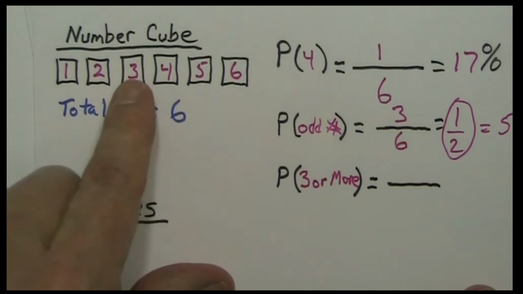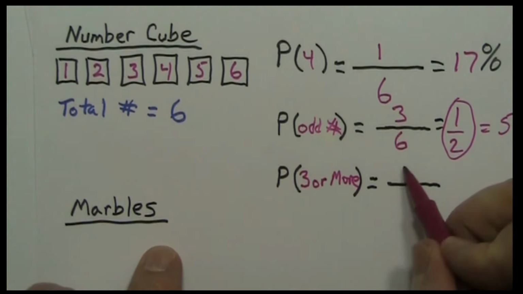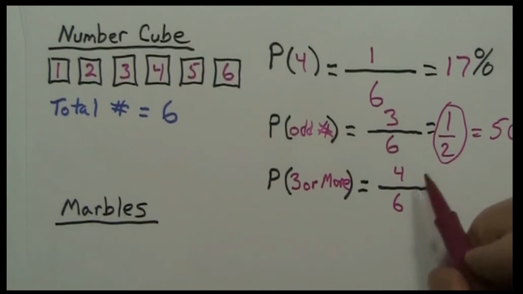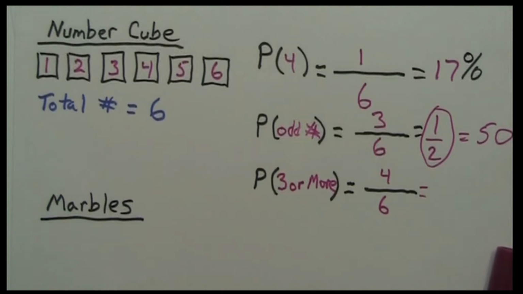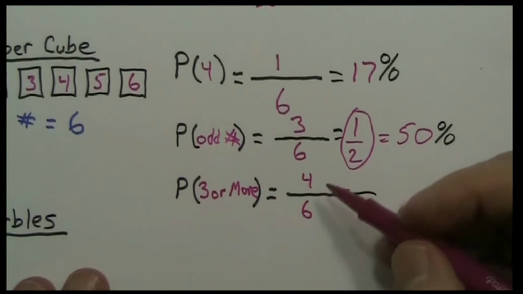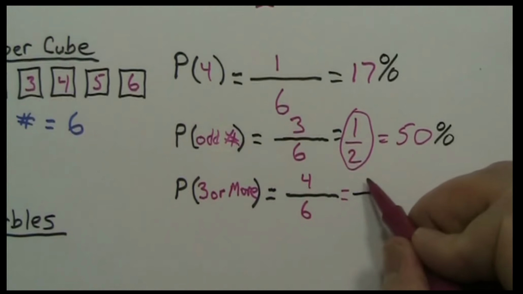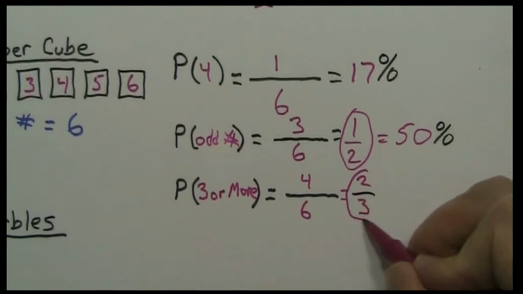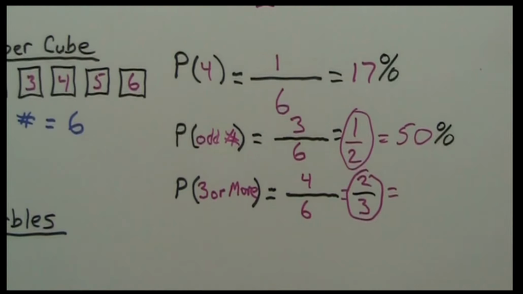There's 4 of them that are 3 or more. So that's 4 out of 6. Usually on most tests, they'll have you reduce that. So 4 divided by 6, 2 goes in there twice, 2 goes in there 3 times, 2/3.